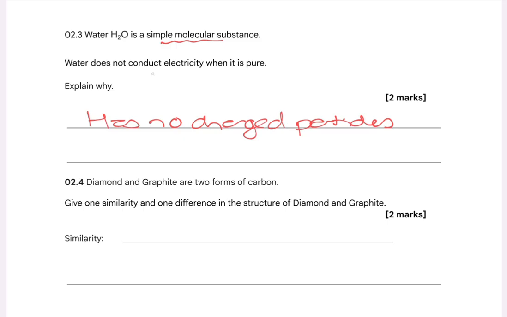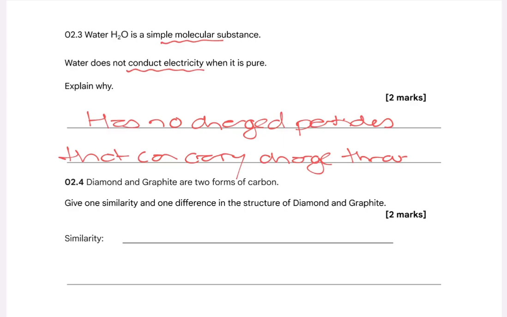And the reason why it therefore cannot conduct electricity, to then link those two things together, is that it has no charged particles that can carry charge. And we always like to put that phrase into an answer because that's illustrating we know what electricity is and how electricity is conducted through a substance.